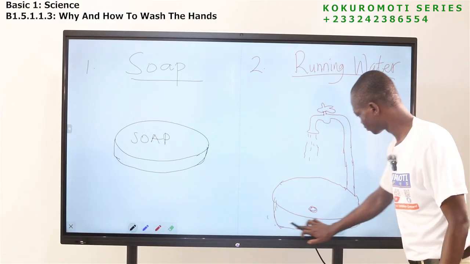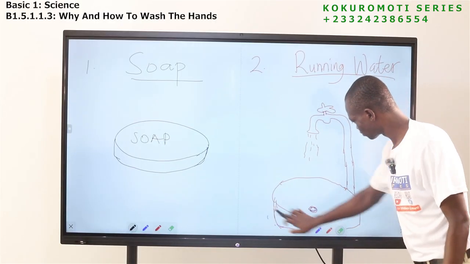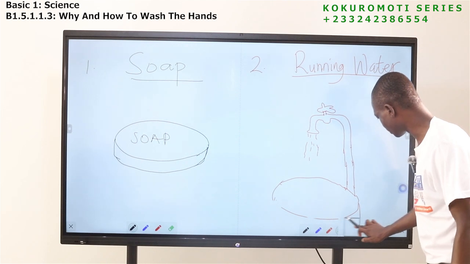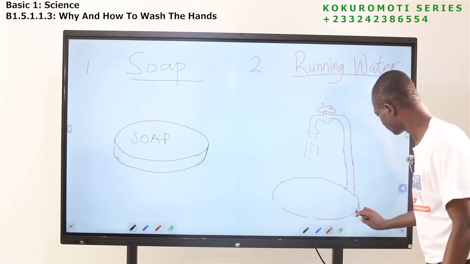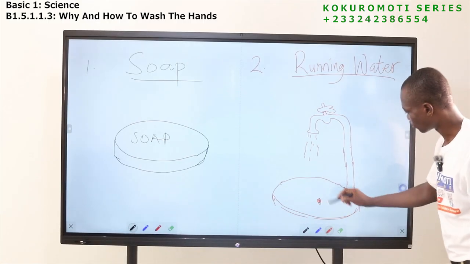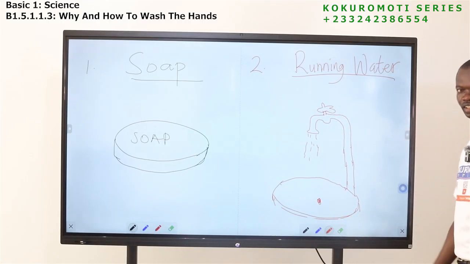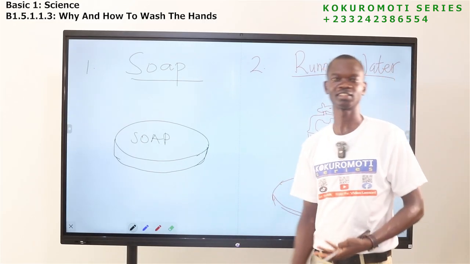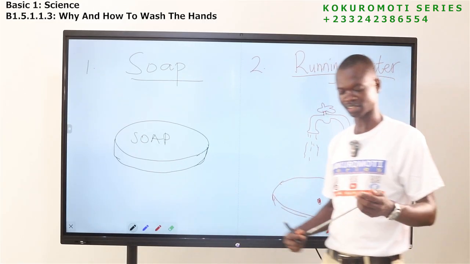Okay. So this is how running water looks like. You see there is a small hole here where the water comes in. So this is running water, and this is soap. I want you to draw something like this and present it as your answer.